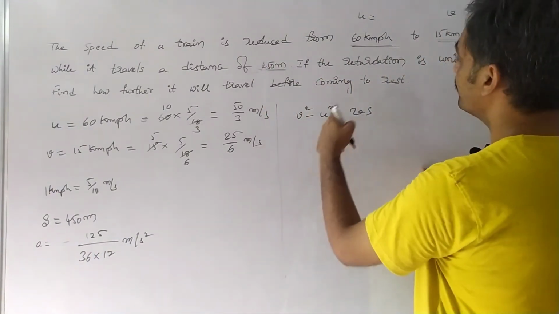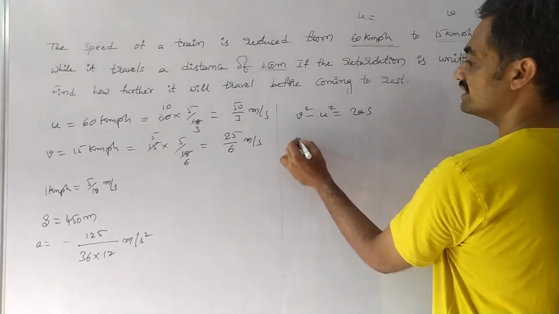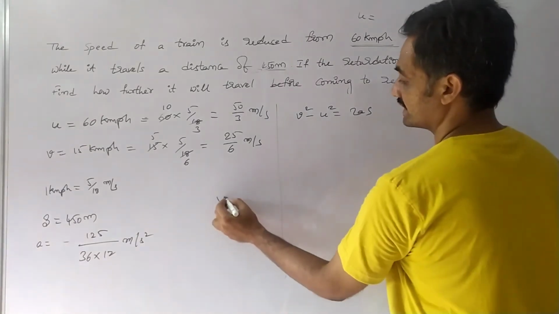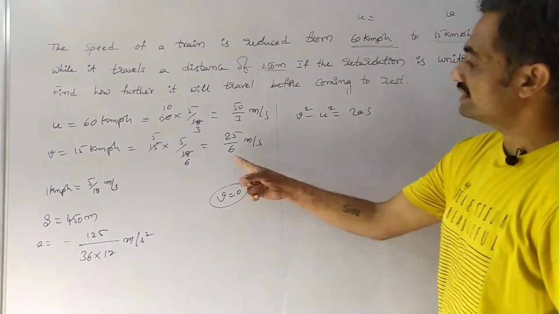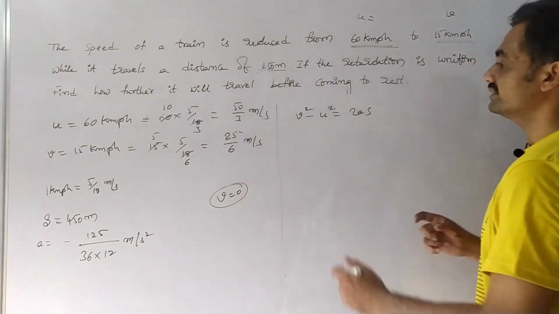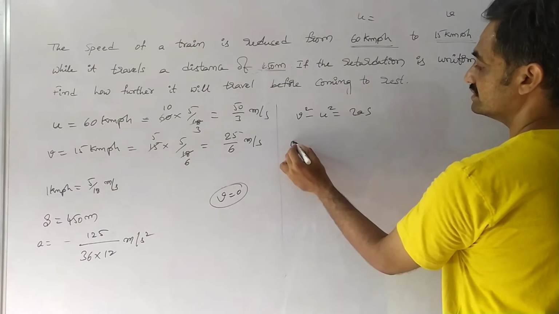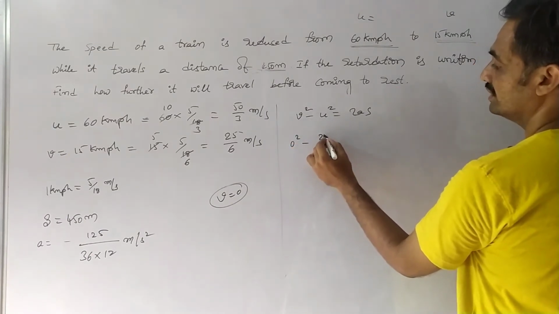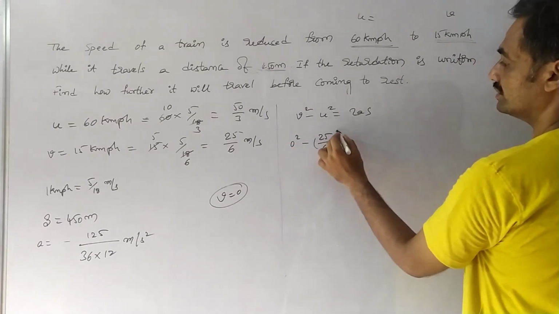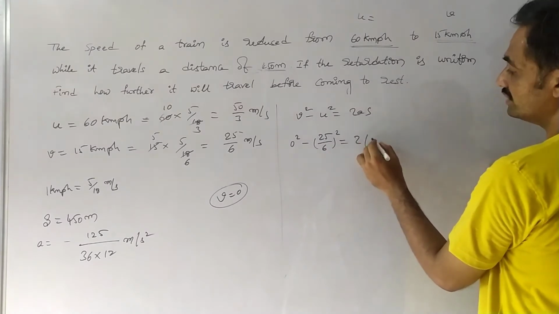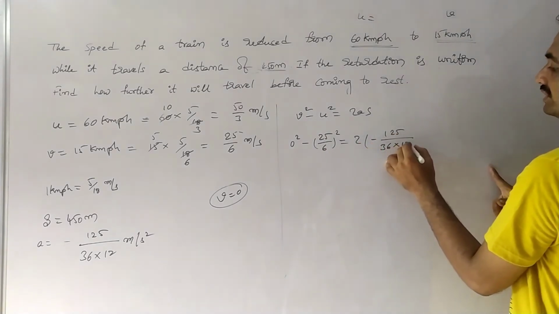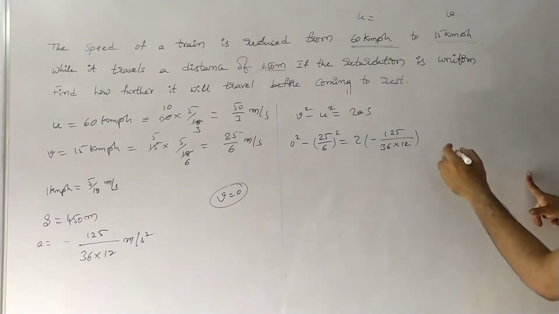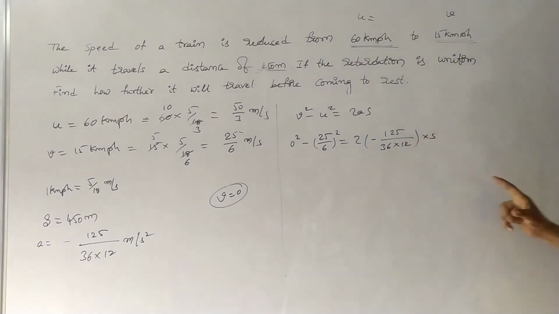So as the body has come to rest position, its final velocity is 0, and its initial velocity is 25 by 6 meter per second. So based on that, 0 square minus 25 by 6 whole square equals 2 into minus 125 by 36 into 12 into distance traveled by the body.